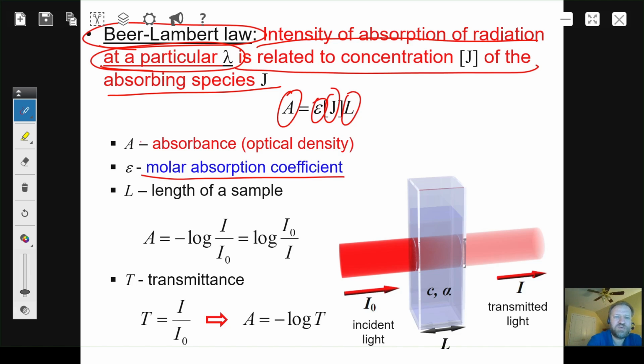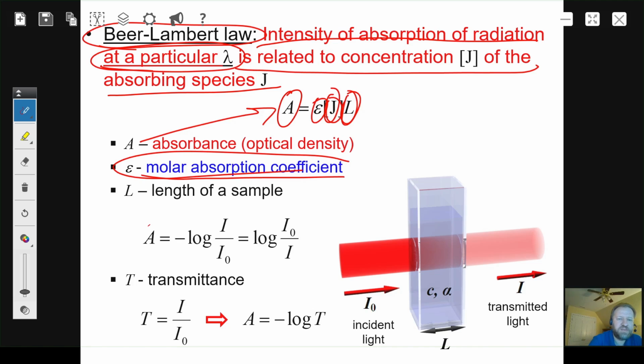So again, absorbance here, which is also known as optical density in the literature, is directly proportional to the concentration of the absorbing species, the path length of the beam in the sample, and the constant of proportionality, the molar absorption coefficient.